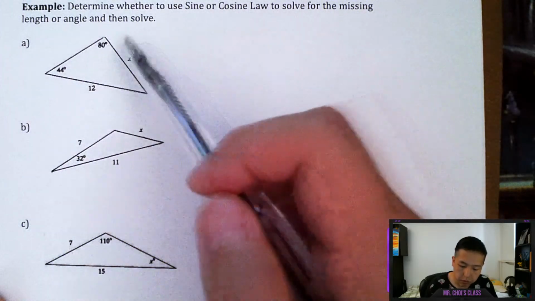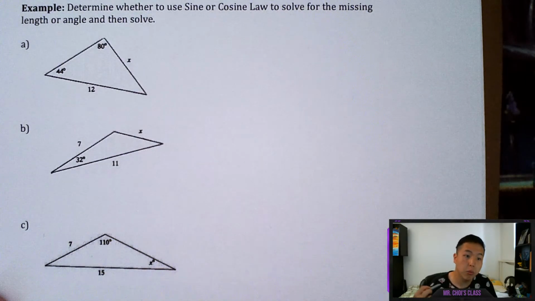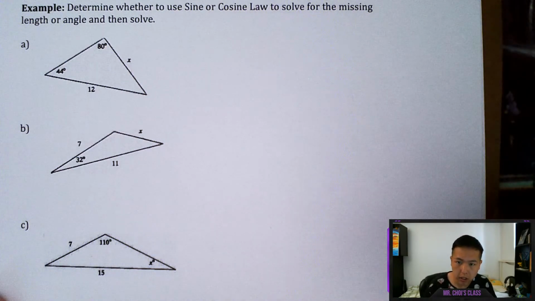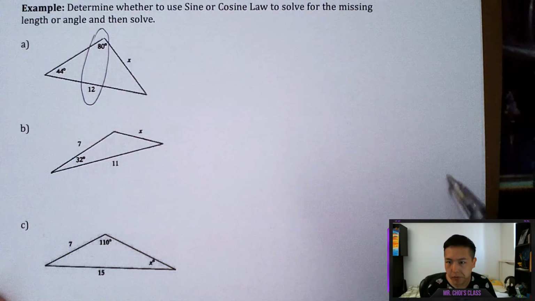So for example, for this first one here, even though we're learning about sine law, I'm asking you, which one do you use? Do you use sine law or cosine law? So the main rule that you're looking for is, do I have an opposite side and angle pair? Do I know that pair? And the answer is yes, I have one that exists here.